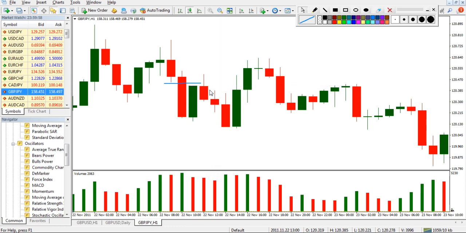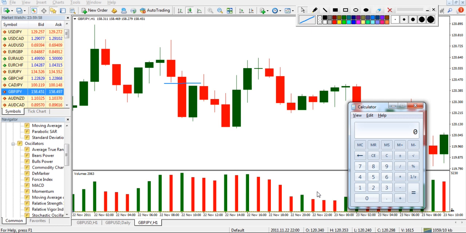So this is a break even, no loss, no profit. Then you place a sell order here, again a break even, and then you place a sell order here. This would have given 10 pips.